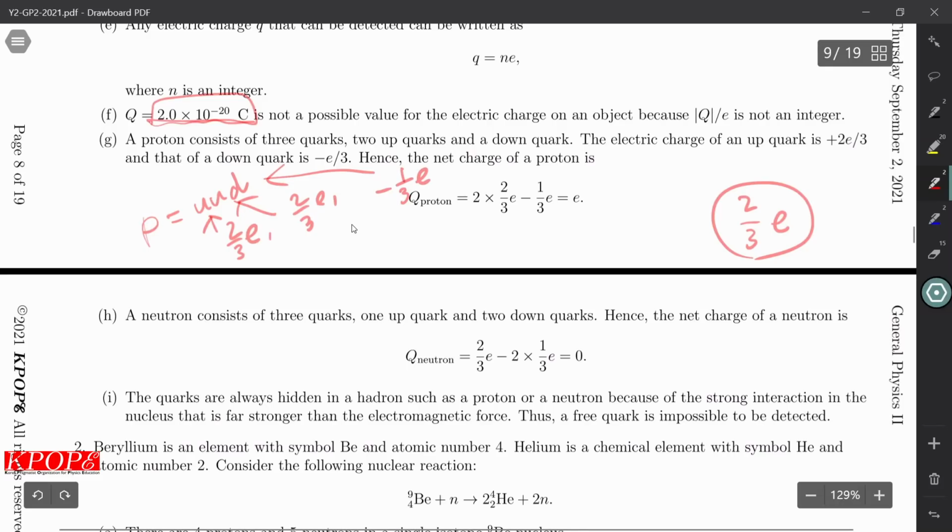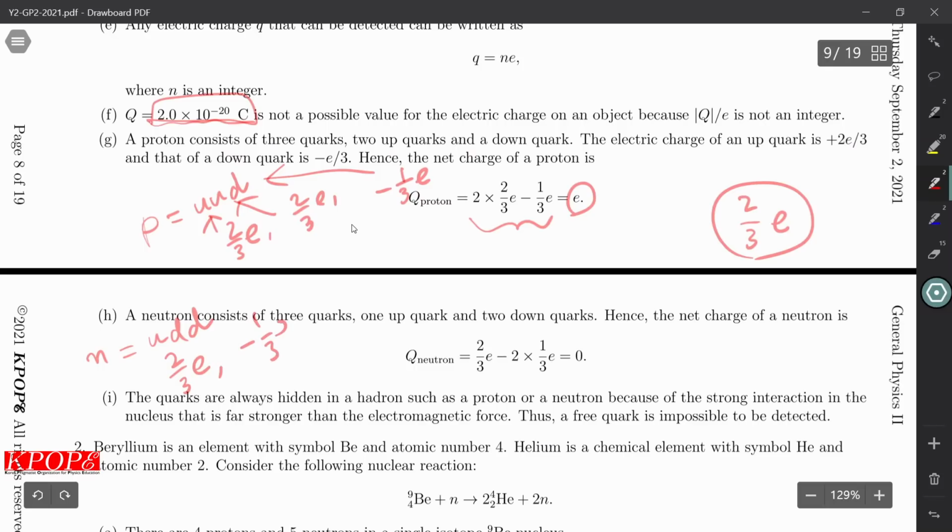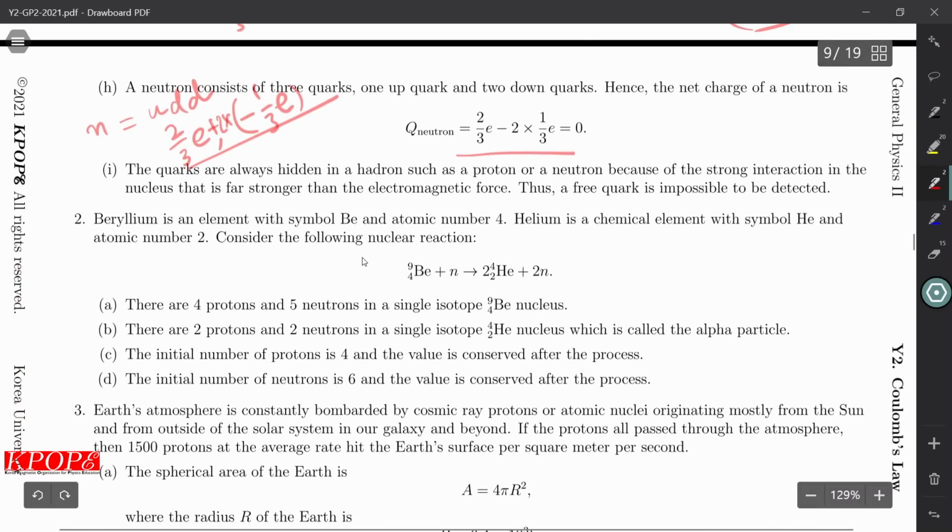If you sum them up, the electric charge of proton is 1. Neutron is composed of UDD: up quark 2/3, down quark minus 1/3, minus 1/3. There are 2 down quarks. If you sum them up, then you'll find neutron is electrically neutral.